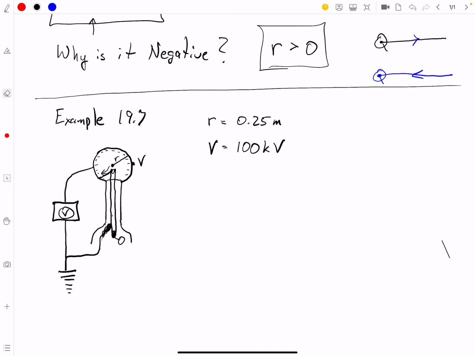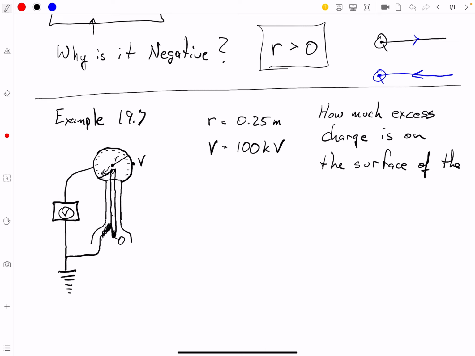I put my hand down, and that's what happens. Okay, so we've got this 100 kilovolts, and the question is how much excess charge is on the surface of the sphere.